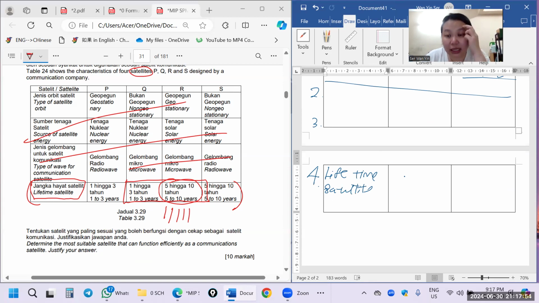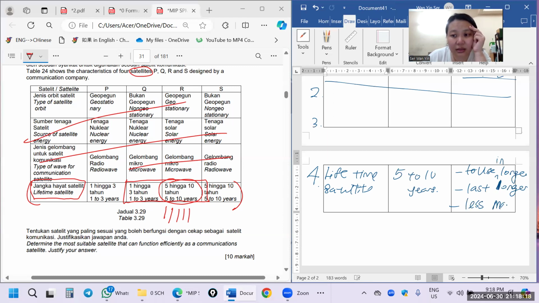Lifetime of satellite. If you write 5 to 10 years, because they can use it for a longer time, that's your reason. It can last longer, less maintenance, no problem.